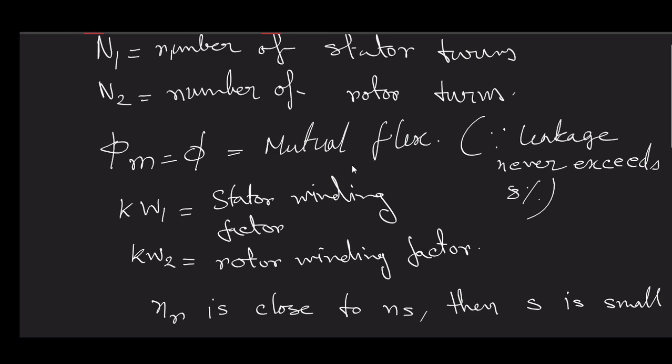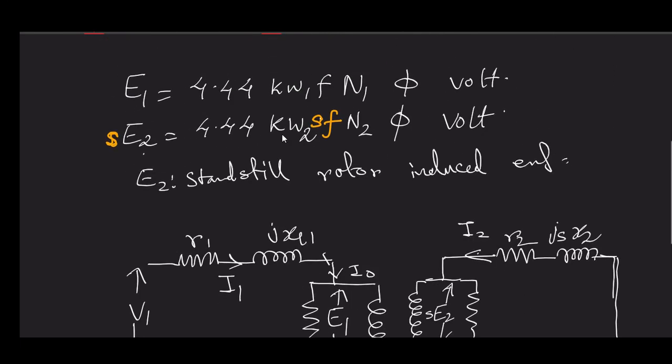You can see that this flux phi, I have already mentioned that leakage across our primary winding never exceeds 8% even in full load current. So we can consider our mutual flux remains more or less constant, and with that assumption we can say that this E2 is a function of S only.